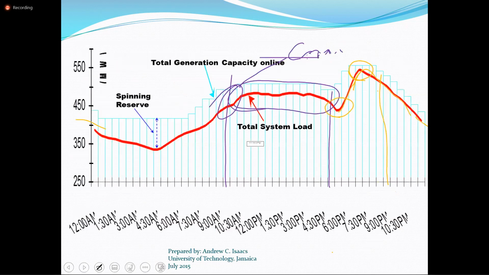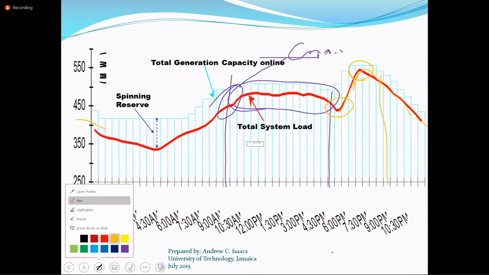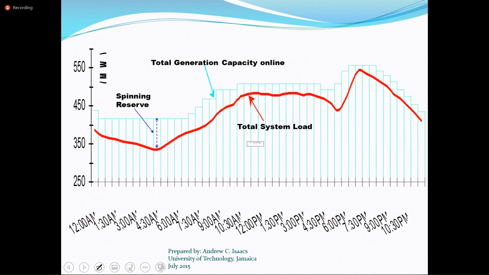Okay, now, a couple of things we had shown. And note, we identify here the spinning reserve. Now, the blue line, this line here, represents the generating capacity, which is online.